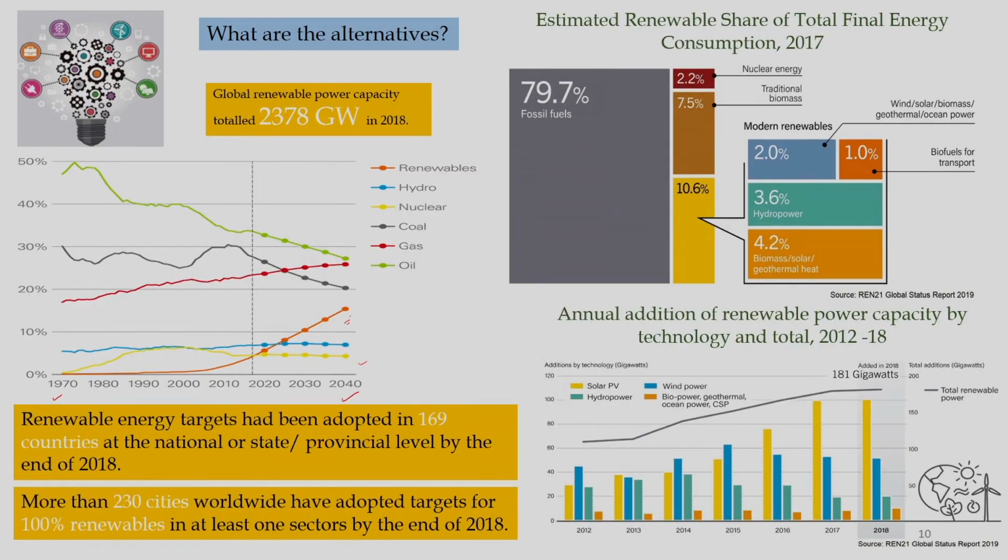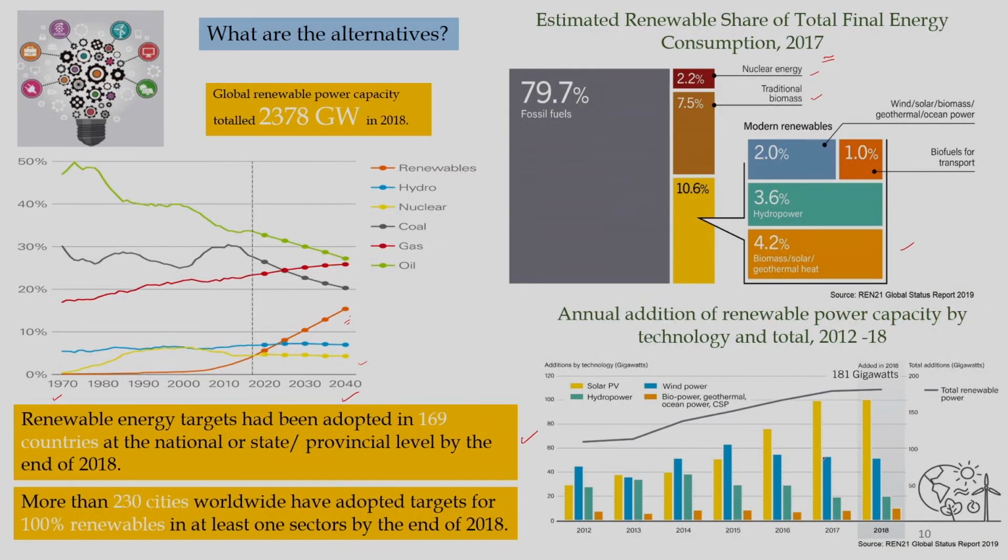Here, what is shown is the estimated renewable share of total final energy consumption in the year 2017. As you understand, about 80% of energy is coming from fossil fuels and the rest is from other sources, maybe nuclear, maybe traditional biomass, maybe other sources like hydropower, biomass, solar, wind, etc.